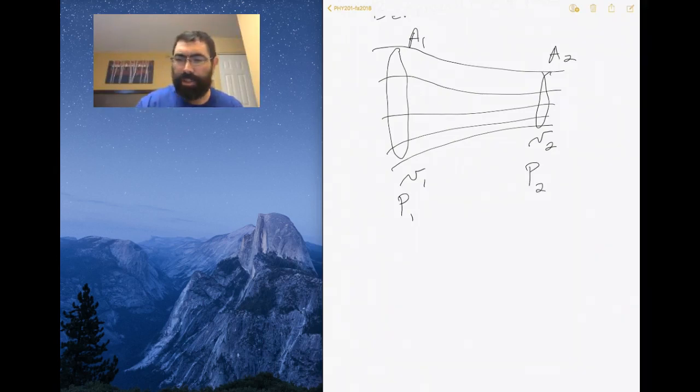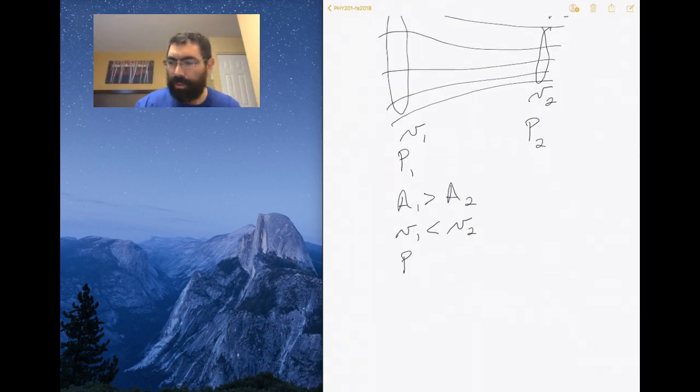What the continuity equation tells us is that if the area A1, let's say, is bigger than the area A2, then the velocity V1 is going to be smaller than the velocity V2. And if it's moving slower, then that's going to mean that the pressure is going to be lower on that slower side. So if the fluid is moving slower, it has a lower pressure. If the fluid is moving faster, it has a higher pressure. And that's called the Bernoulli effect.